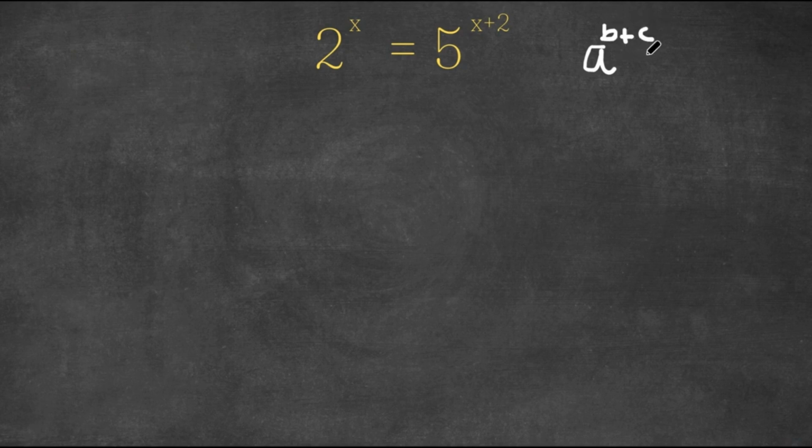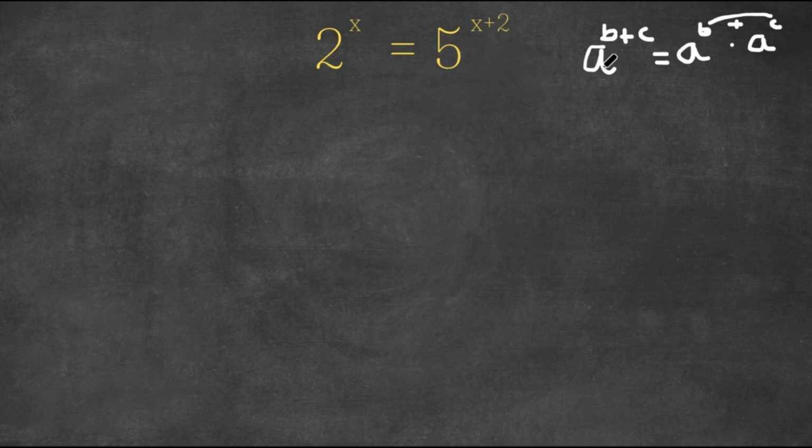An important property of exponents is that we can change this into a to the power of b times a to the power of c, because when we're multiplying exponents, we add these two. So all we're doing is simply reversing this. That's what we're going to do to 5 to the power of x plus 2. We're going to reverse it back to its original form and expand it.